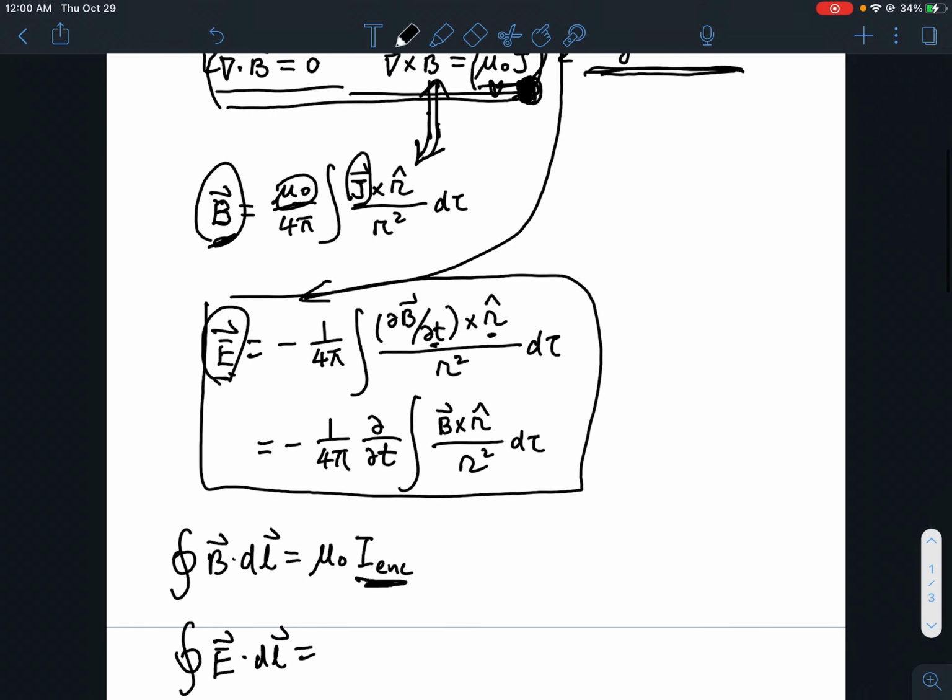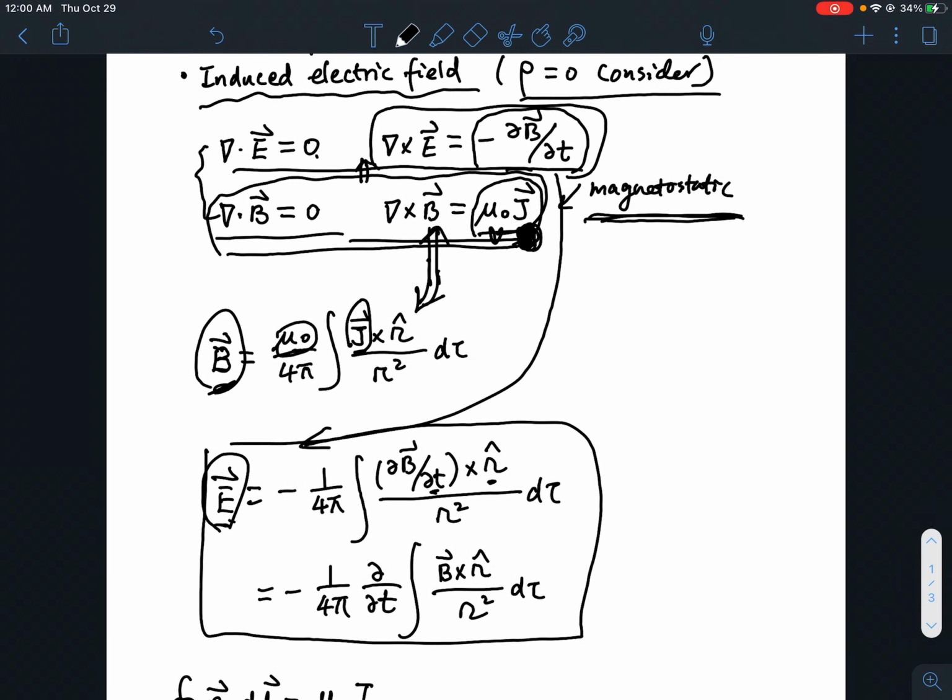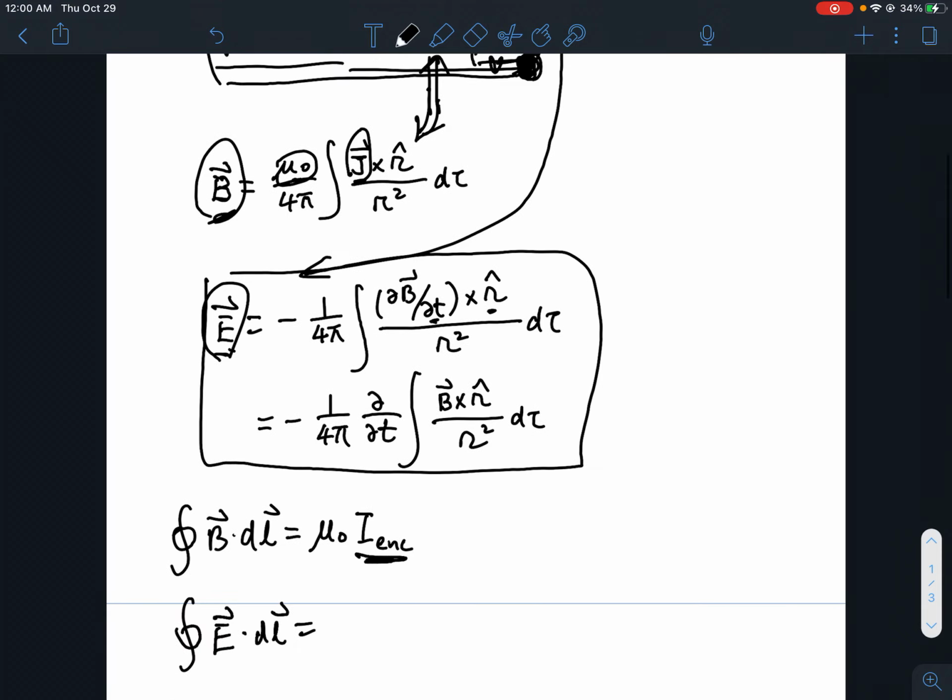So what happens is this one will be just the integral of B times the surface element, and then we take d phi over dt, which is the magnetic flux.